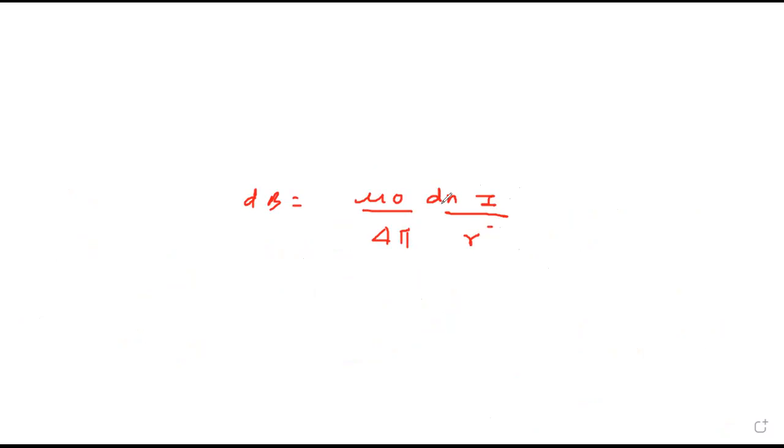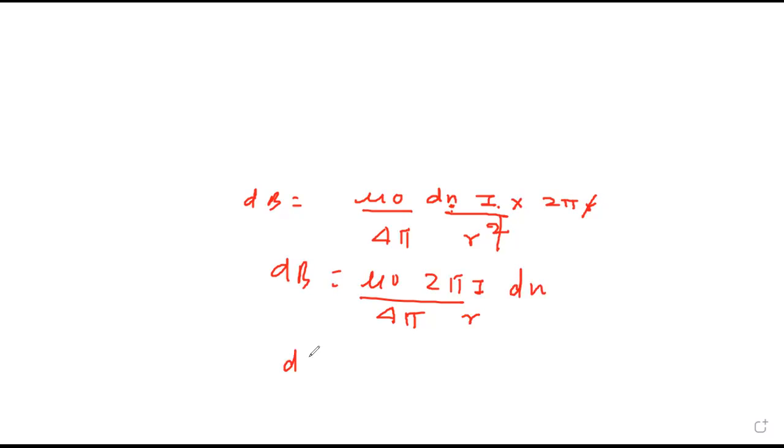Mu naught into total dl is nothing but elemental length, and number of turns in element dr if I consider dn, so dB due to that much turn will be dn into I into length, which will be 2 pi r, total circumference at that point is 2 pi r into thickness, तो एक r कैंसिल हो जाएगा, that will give dB equals to mu naught 2 pi I into dn upon 4 pi r, therefore dB equals to mu naught I upon 2r, dn.